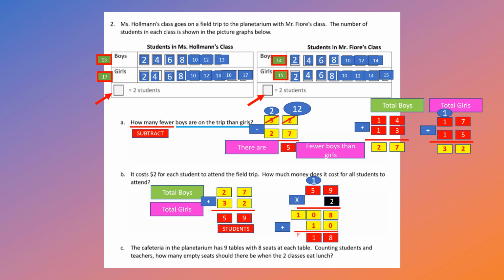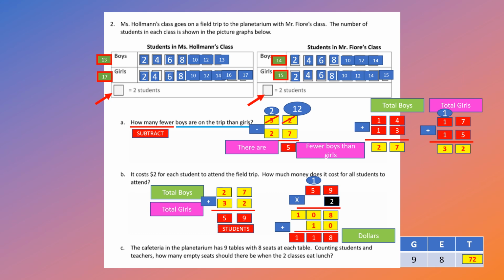And that is a multiplication problem. So, what's 9 times 8? If you said 72, you are correct. So, now I know that I have 72 total seats.